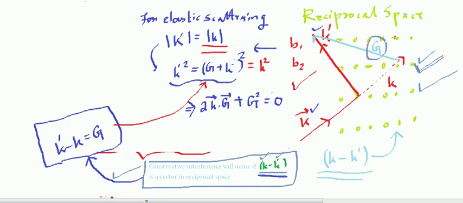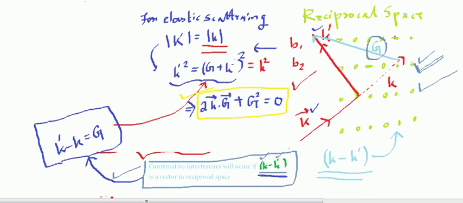So this is the most general case for diffraction. Instead of writing 2d sine theta equals n lambda, if this equation is satisfied in reciprocal lattice space, then it indicates constructive interference, or that Bragg's law is satisfied.